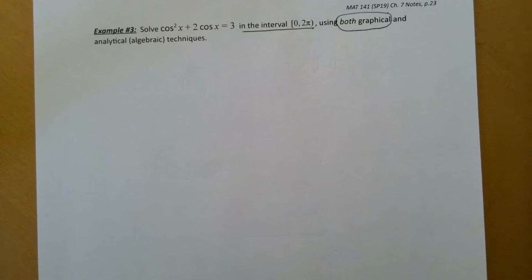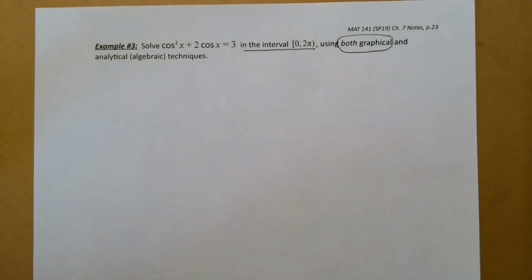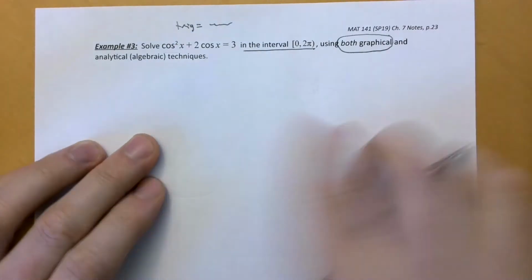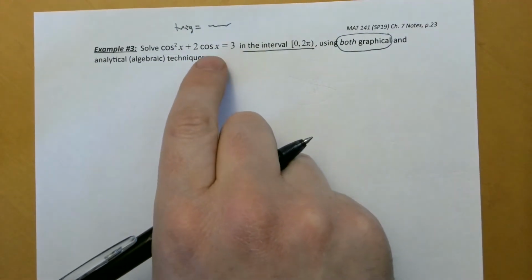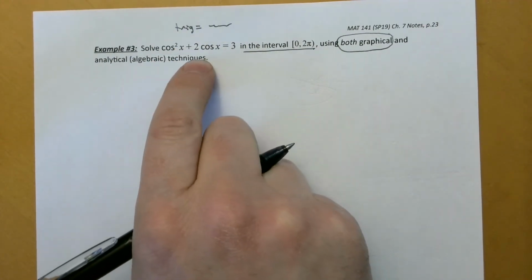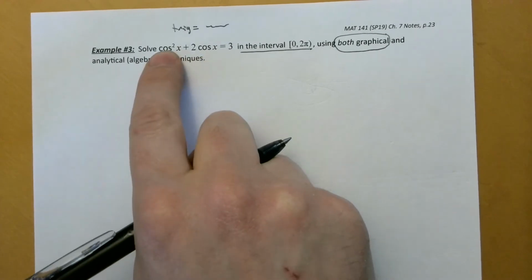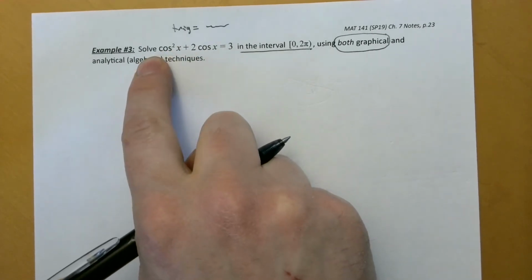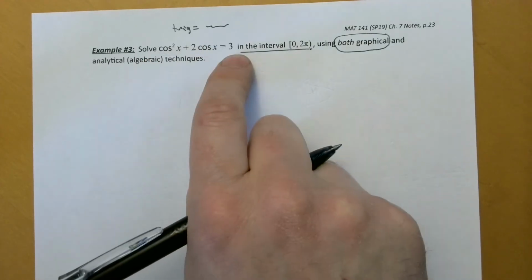These last two examples look at other types of tricks you might have to do in order to get your trig equations into the form trig equals something. So if you look at this, is there a way we could combine these values? Well, we can't because this is a squared and this is not a squared. We could factor out a cosine, but that's only useful if it's equal to 0.